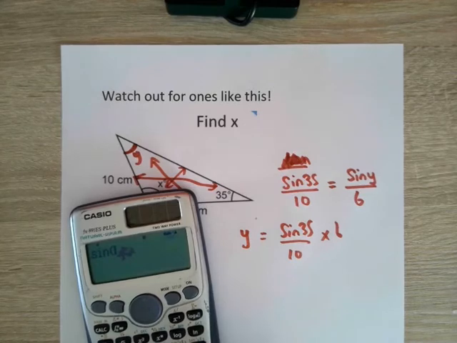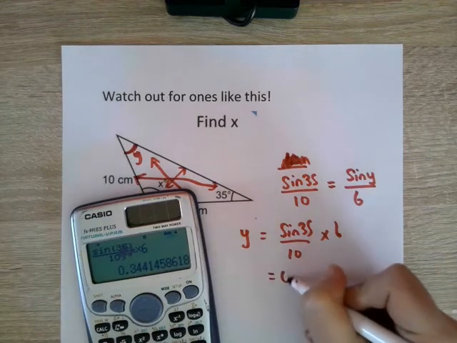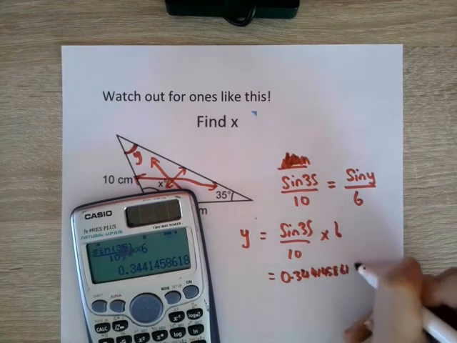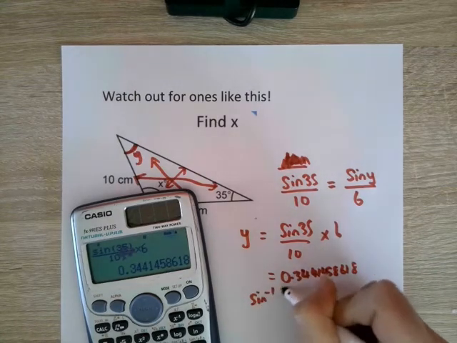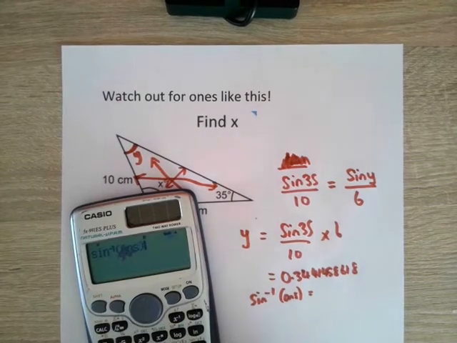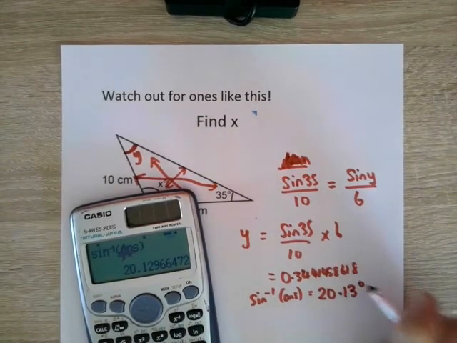Again, you get that really small answer, so we're going to have to do sine to the minus 1 of the answer. That gives me 20.13 degrees.